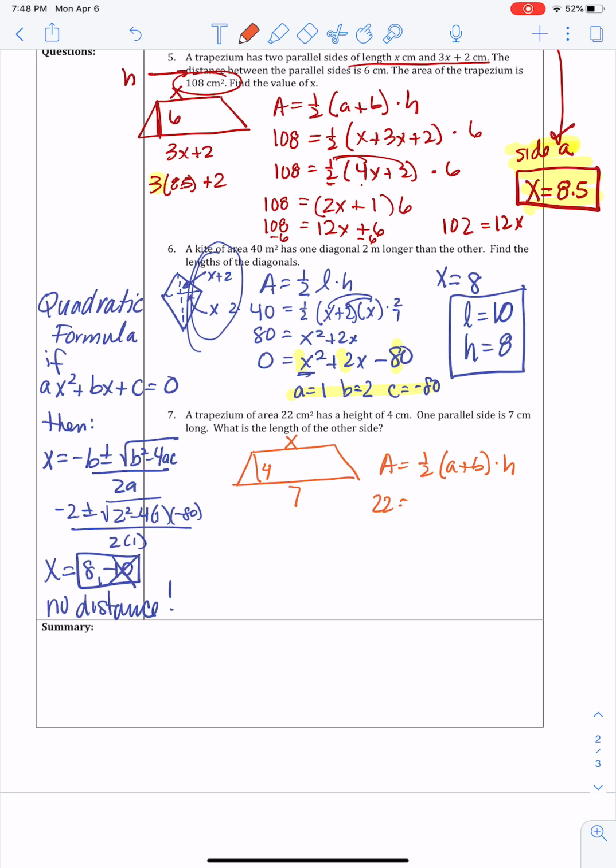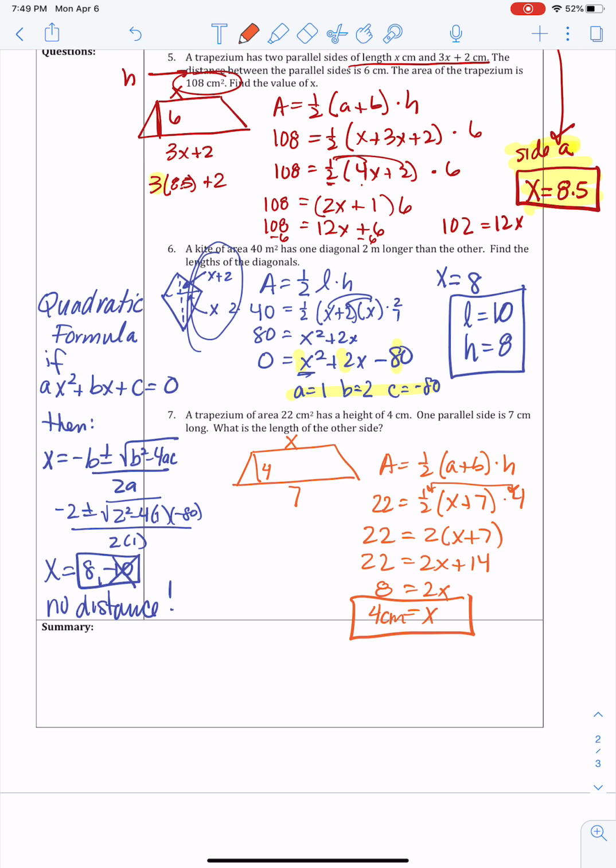Our area was 22, which is half of x plus 7 times 4. I'm going to multiply the half and the 4 so that I get 22 equals 2 times x plus 7. 22 equals 2x plus 14. 8 equals 2x. X is 4 centimeters. And that is the length of the other side. So that's what we just found.